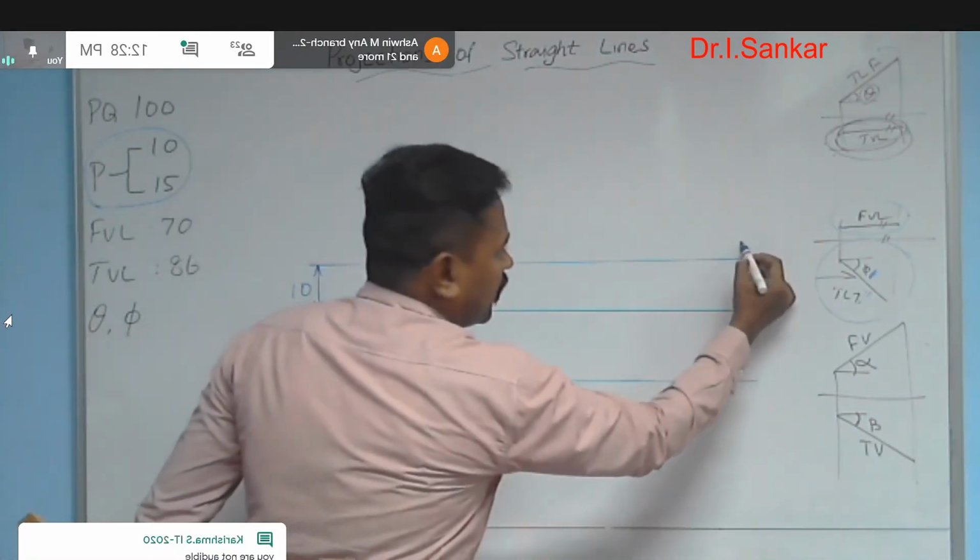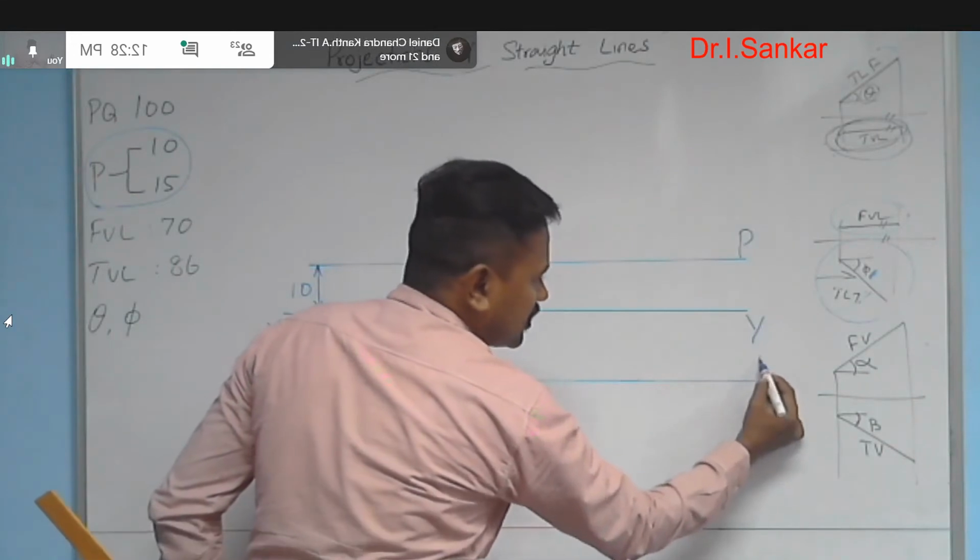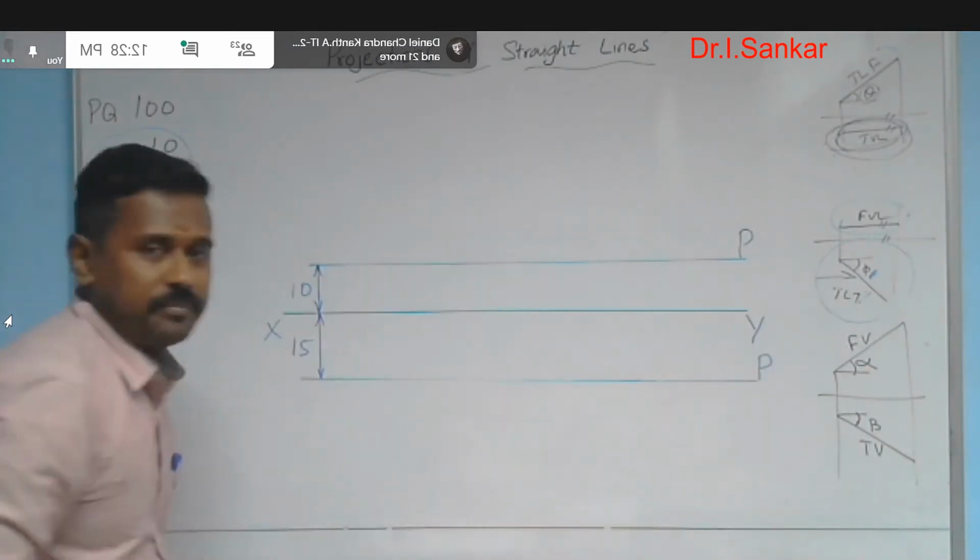This line is nothing but the locus of the end P in the front view, and that is the locus of P in the top view area. Okay.